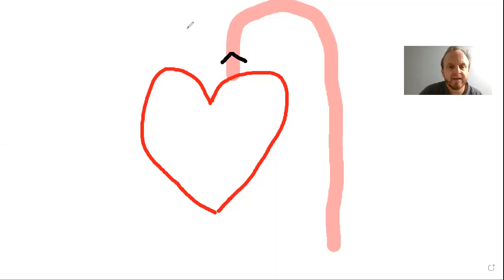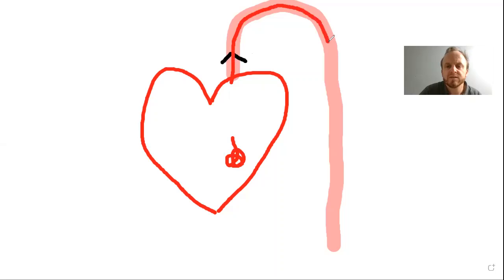Now, within a heart attack, the blood will be pumped out of the left ventricle here, and it will be ejected up through the aorta and over the top of the aortic arch.